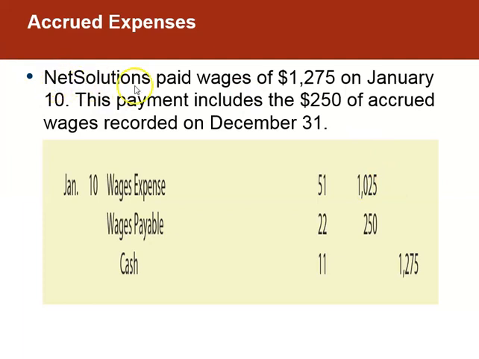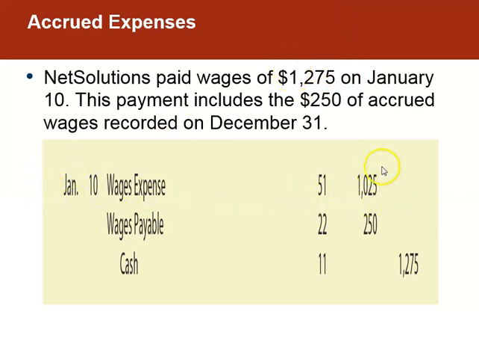So it says Net Solutions paid wages of $1,275 on January 10th. Now this is the next year. This payment includes $250 of the accrued wages recorded on December the 31st. So what does that mean? It means we can't expense this full $1,275 in January.